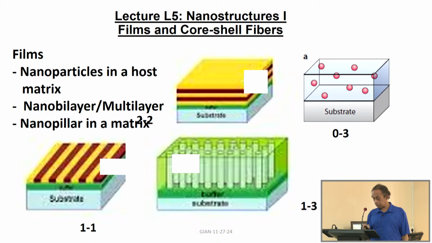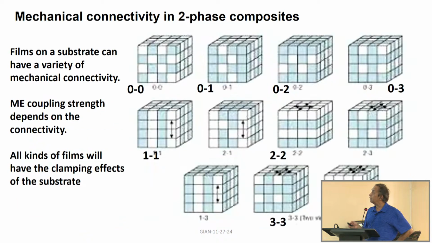Okay. So, in the first lecture I am going to talk about nano bilayers and core shell fibers of ferromagnetic and ferroelectric phases. Now, this one you saw in Dr. Mathe's lecture.